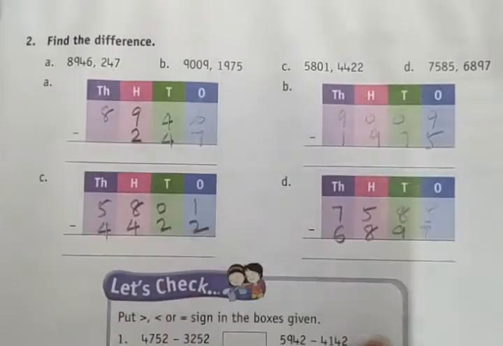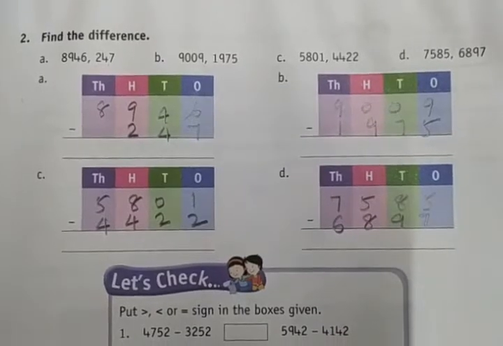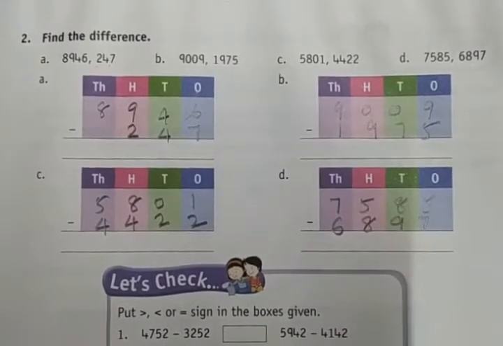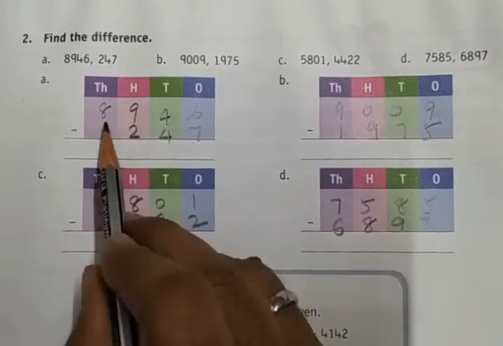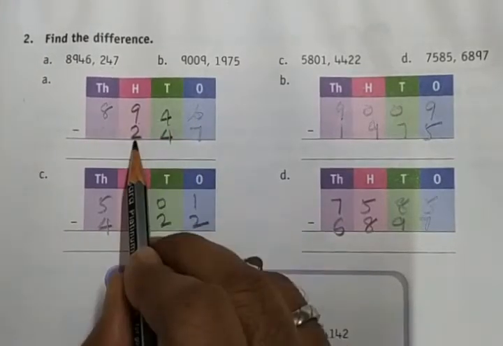Okay, so first we have to go for the arrangement. The given numbers should be arranged properly. Then we start the subtraction from 8946 minus 2447.